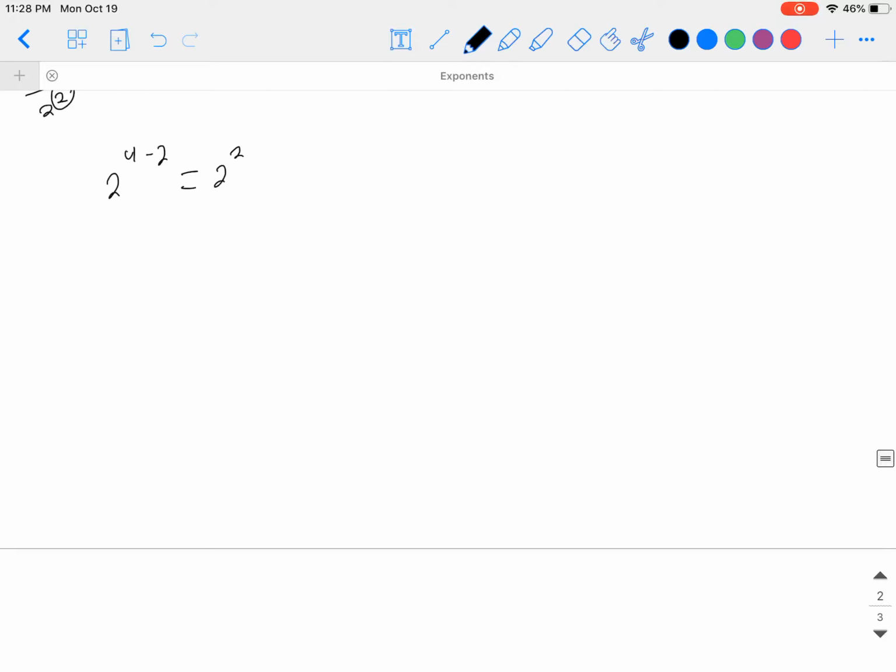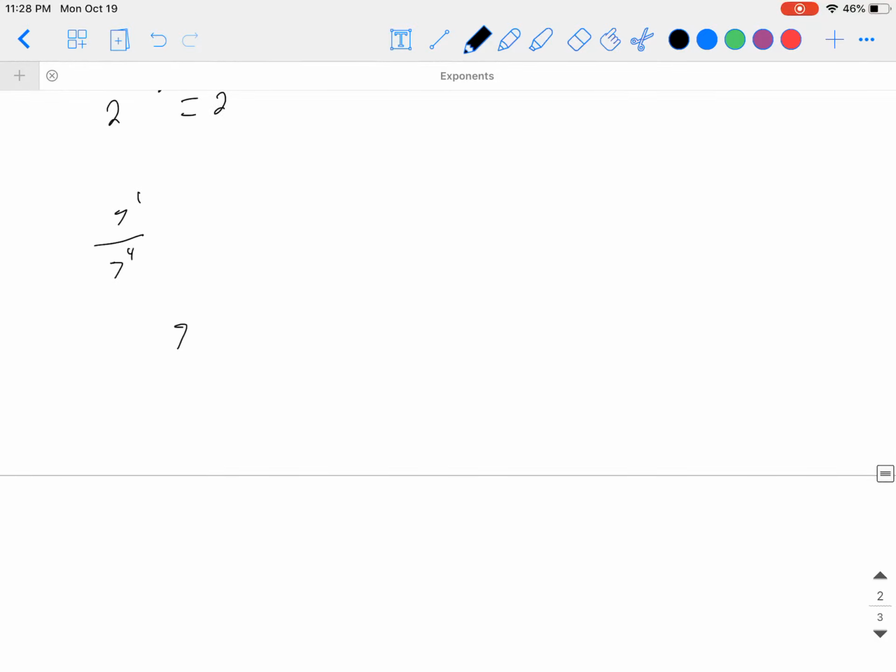Again, let's look at a bit of a different example. If we have 7 to the 1st over 7 to the 4th, when we use the formula, we do 7 to the 1 minus 4, which equals 7 to the negative 3. Now, this is the right answer, and we're going to get a bit more into negative exponents later.